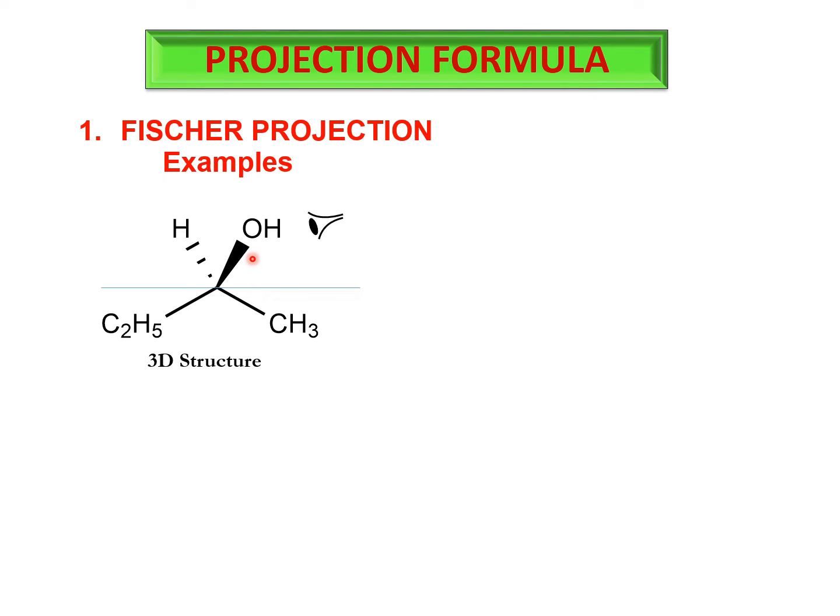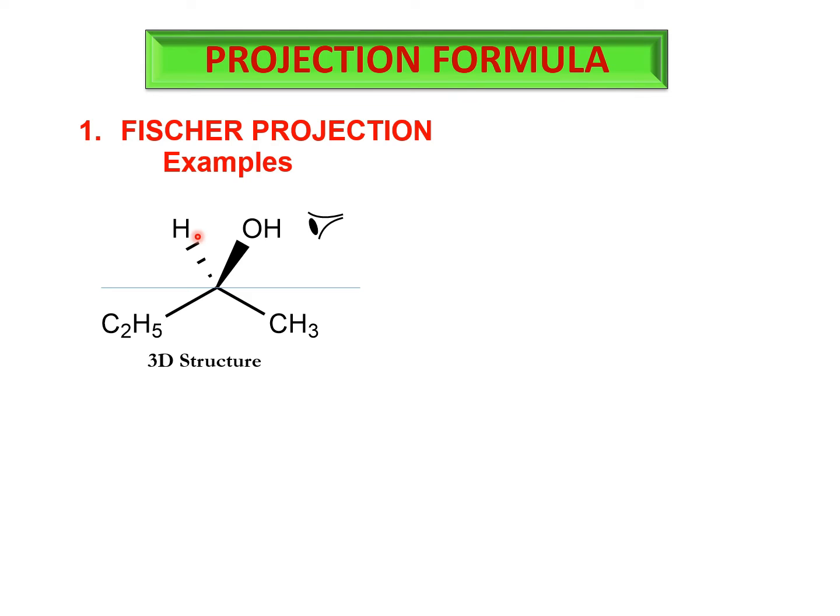So if you are standing here, the front of the screen is towards your left, and so OH will appear towards your left. And when you are standing here, the back of the screen is towards your right. So H is at the back of the screen, so H will appear towards your right.